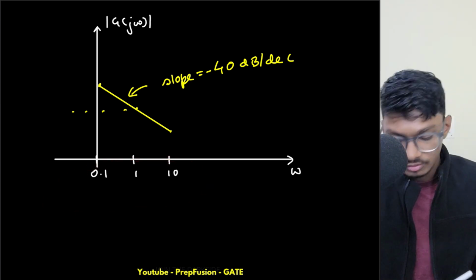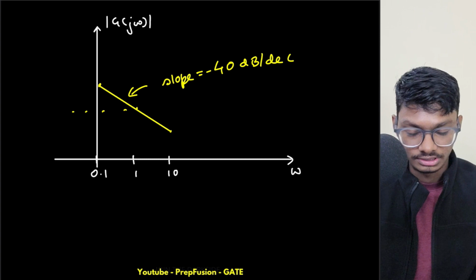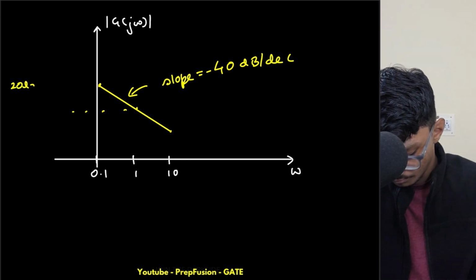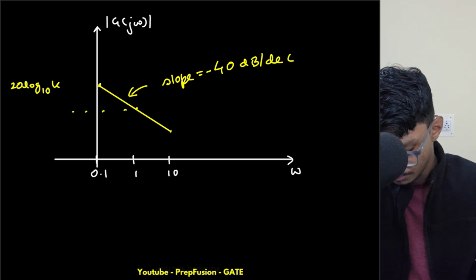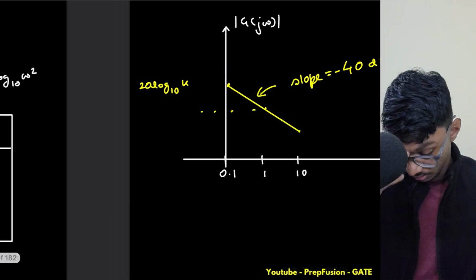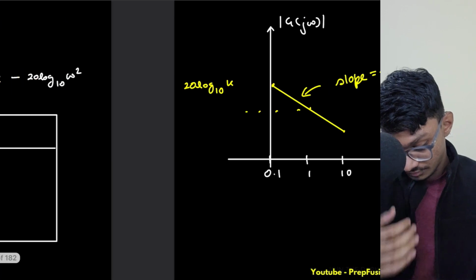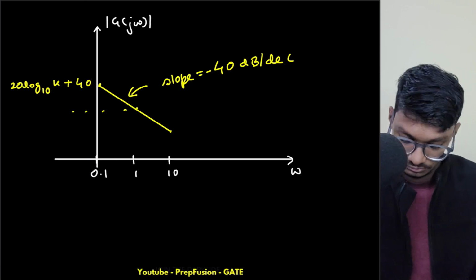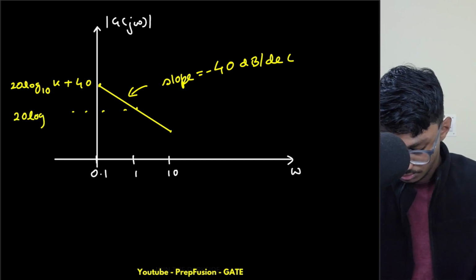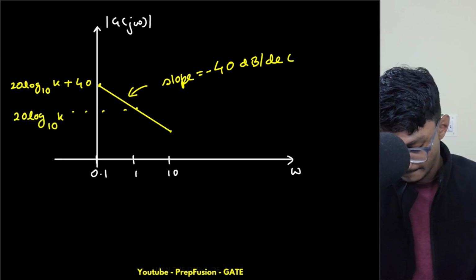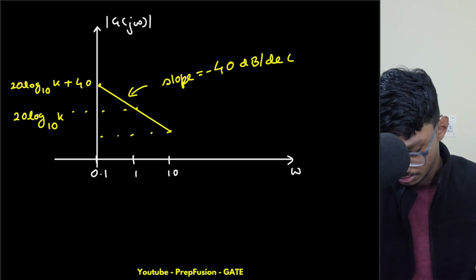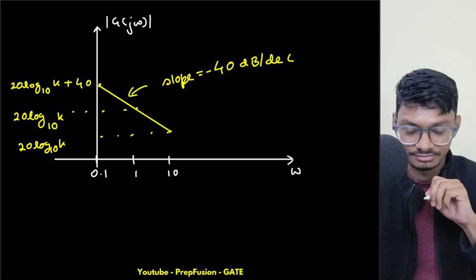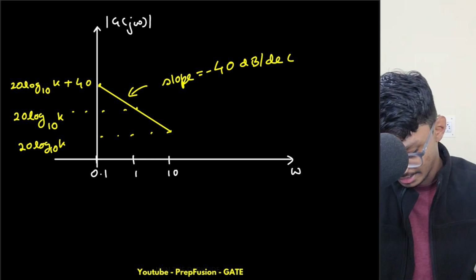So at point 1, what is the magnitude basically? The magnitude is 20 log base 10 of k, plus 40, and this is 20 log base 10 of k, and this is minus 40.